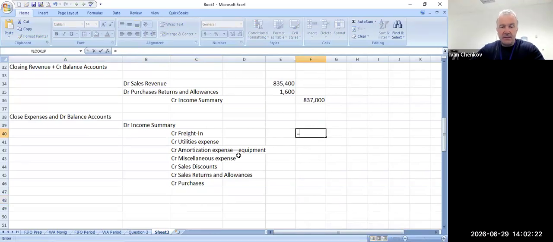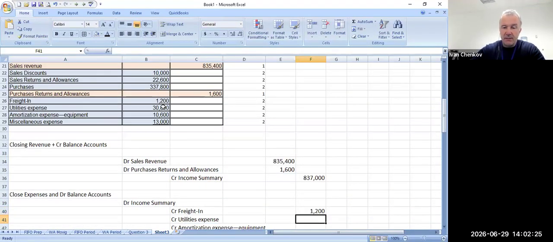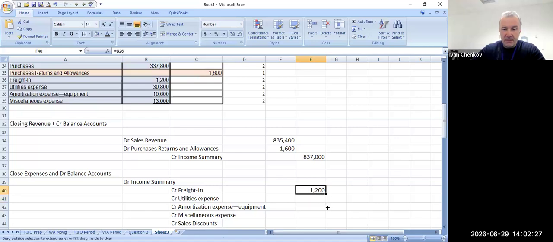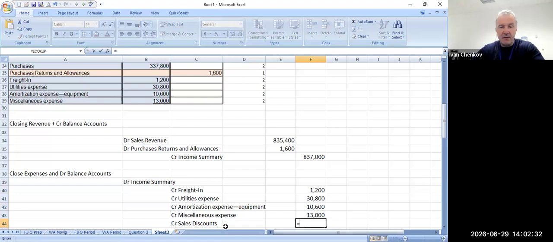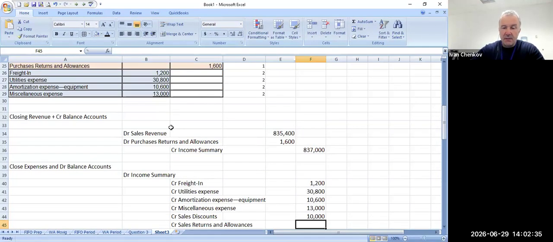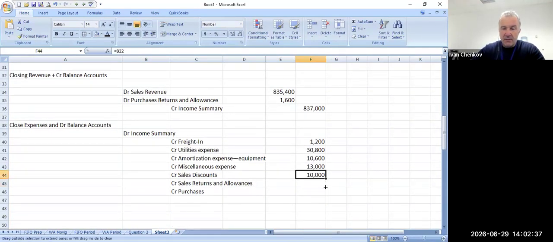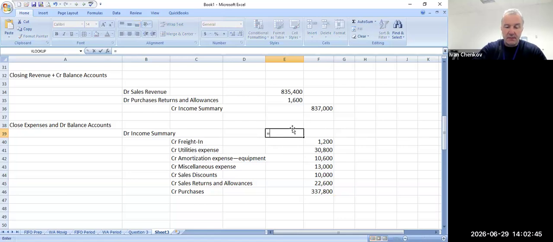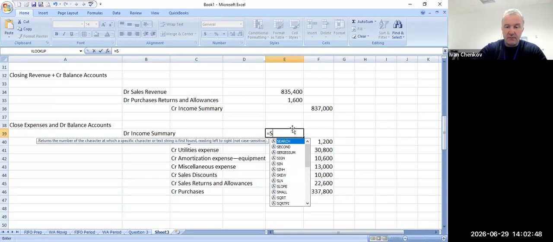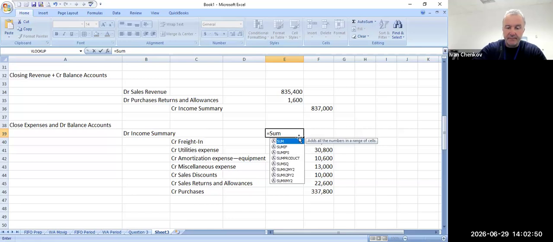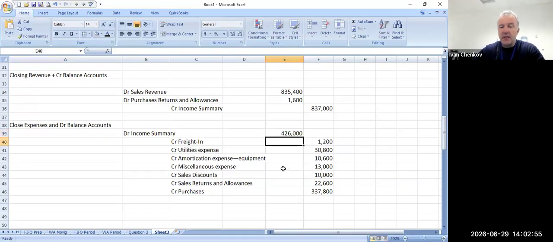The freight in is 1,200. The utility expenses are all those amounts. Then sales discounts, which is 10,000. And all the other amounts. The income summary is going to end up getting the sum of all these amounts. So that's how much is going to the income summary account.